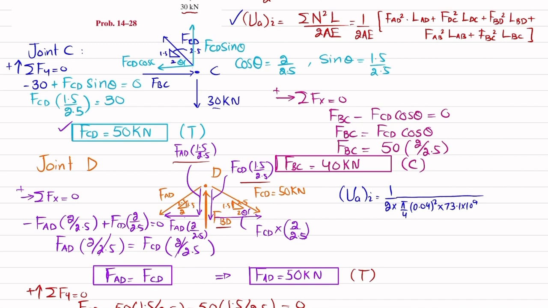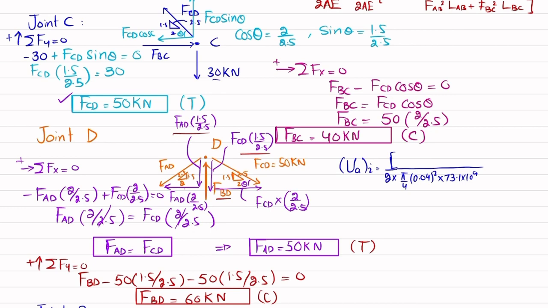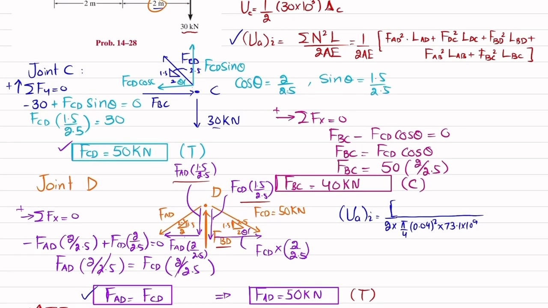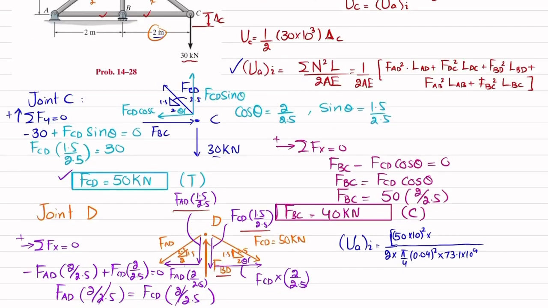Clear? Multiply by FAD. Now where is FAD? So you can see FAD is this one, which is 50 kilonewton. So I will write 50 kilonewton. So 50 into 10 raised to power 3 whole square into the length of AD.